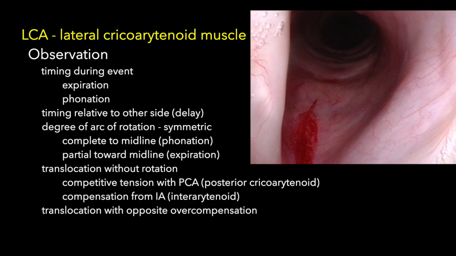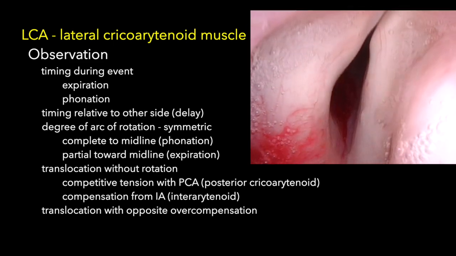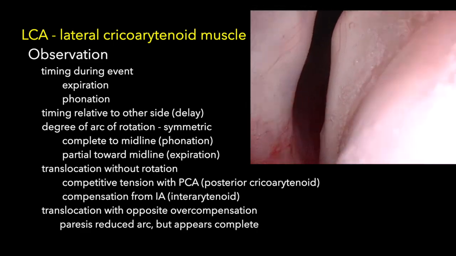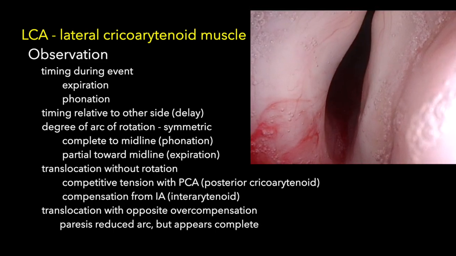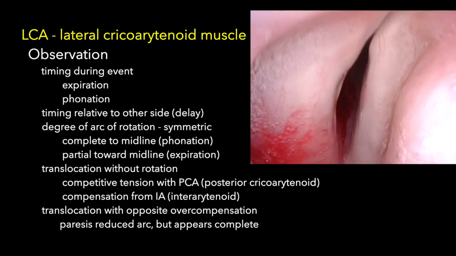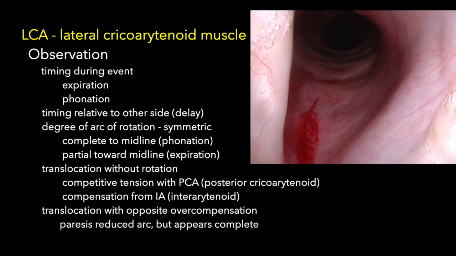And finally, there's translocation with opposite overcompensation. So the vocal cords look like they've completely closed and lined up, but one side is paretic, has a reduced arc, but it appears complete because the opposite side goes past the midline. So these are some of the observations we can look for.